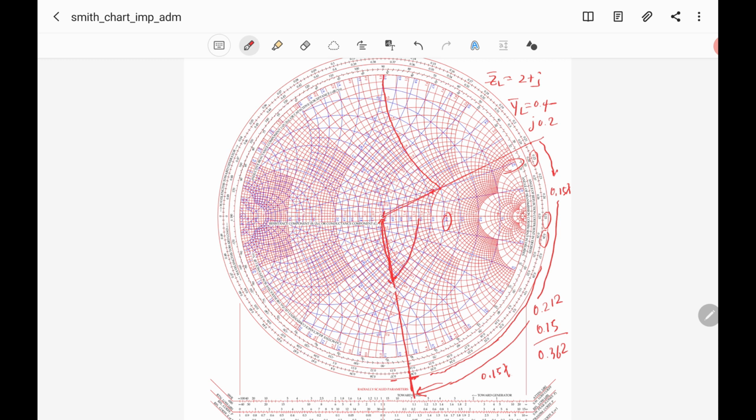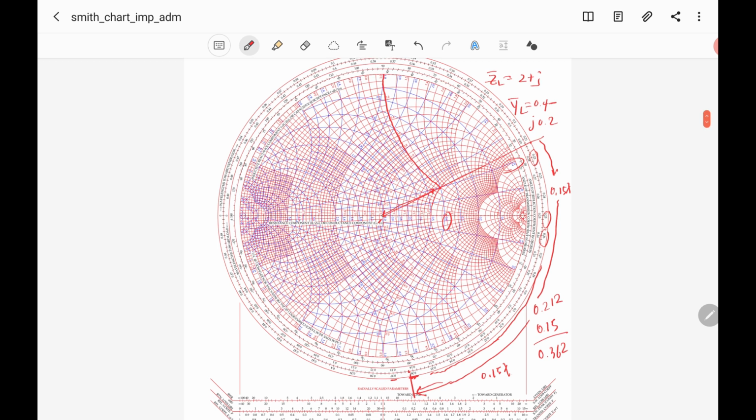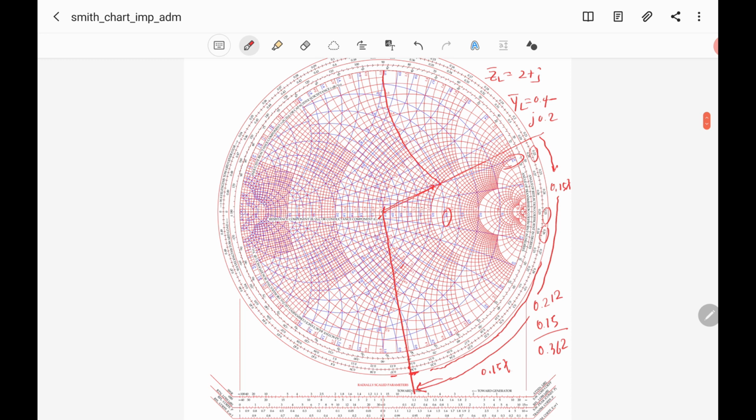So Yin becomes 0.6, because this is a plus for the B, as susceptance, so we should take the plus, and the point is here.